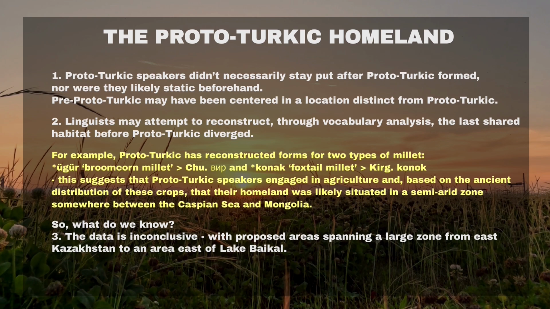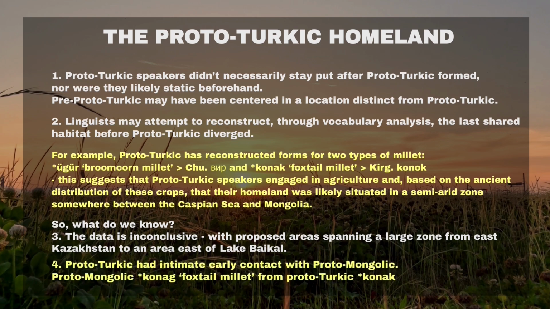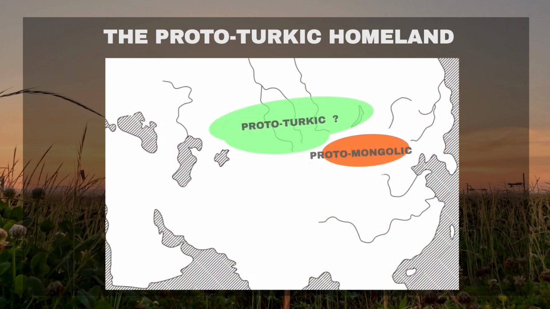What is clear, however, is that Proto-Turkic had an intimate early contact with Proto-Mongolic. This probably hints at a homeland somewhere adjacent to the proposed Proto-Mongolic homeland, which we can see on screen now.